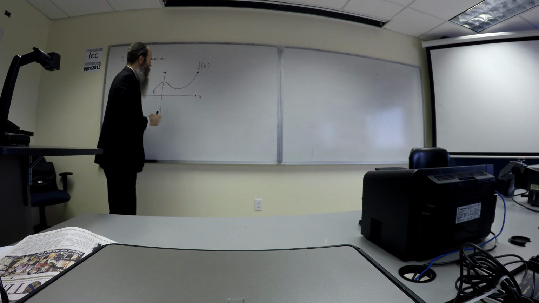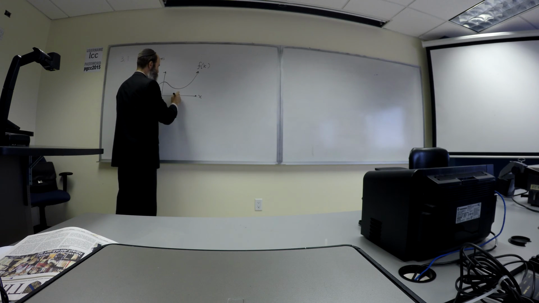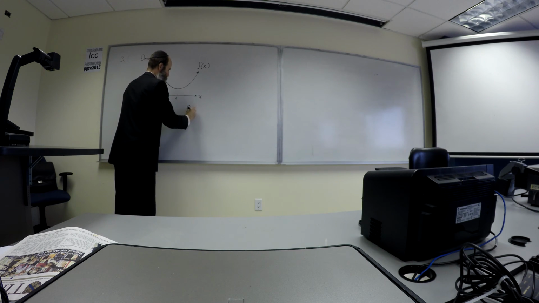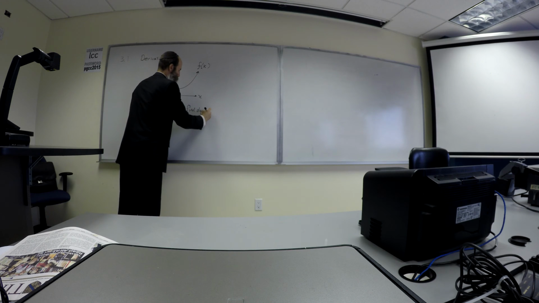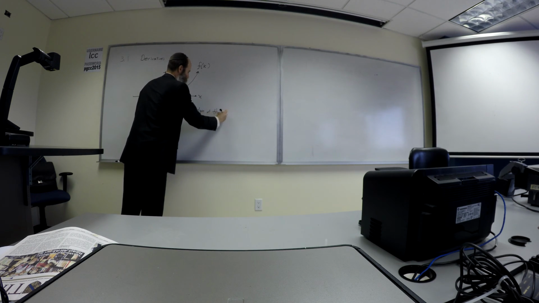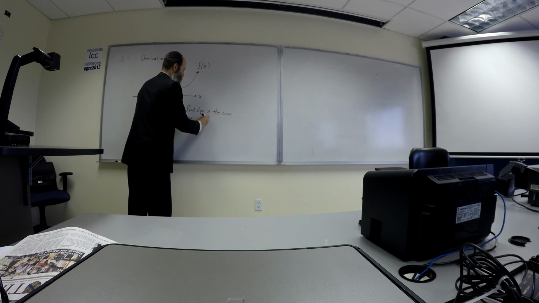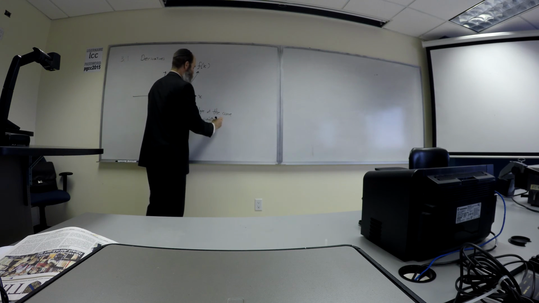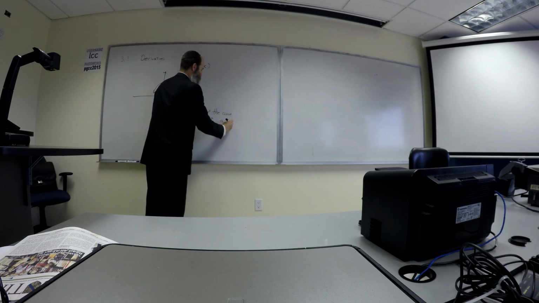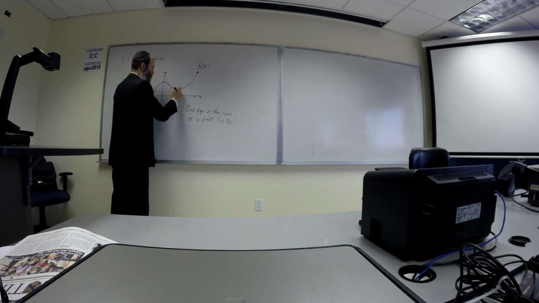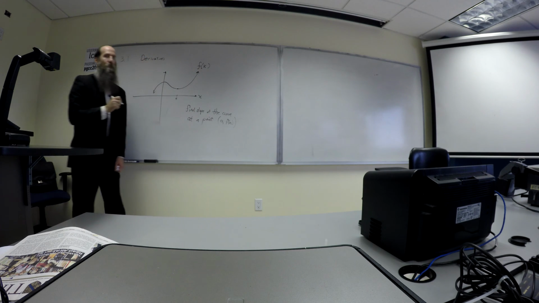And what I would like to do is find the slope of said function at A. Find the slope of the curve at a particular point. In our example, that point is A comma f of A, right? That point is going to be right here. I want to find the slope of the curve at that point. Okay?